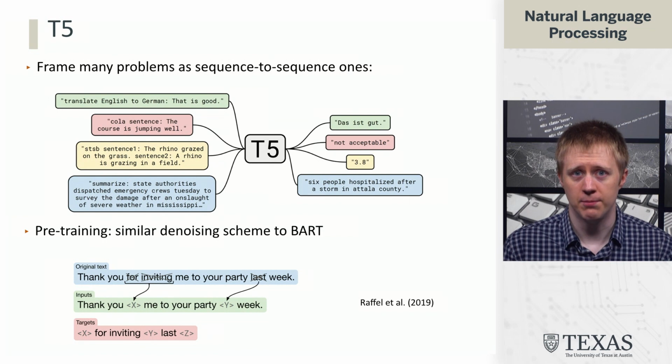What they show here is a bunch of different tasks formatted in the sequence-to-sequence fashion, and they trained with a denoising scheme very similar to what BART used. So these came out around the same time and reflected independently coming to some of the same ideas.